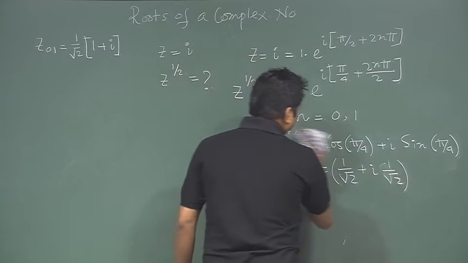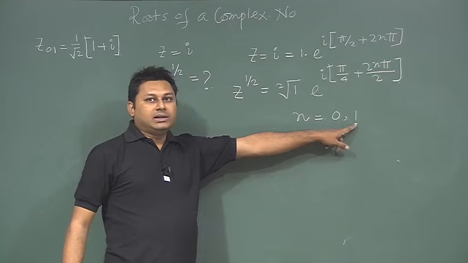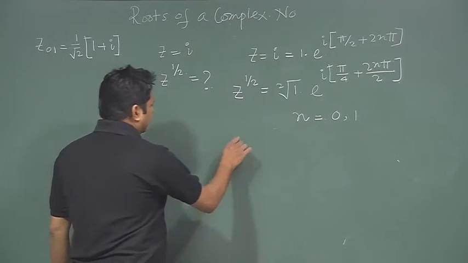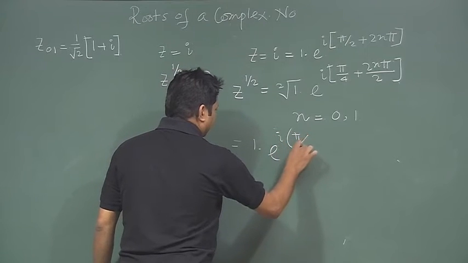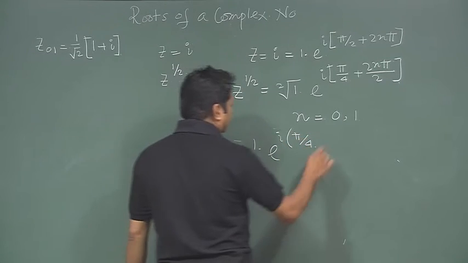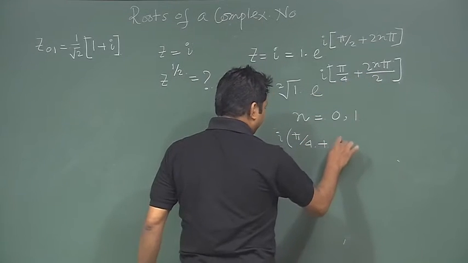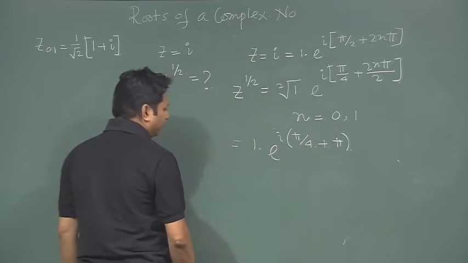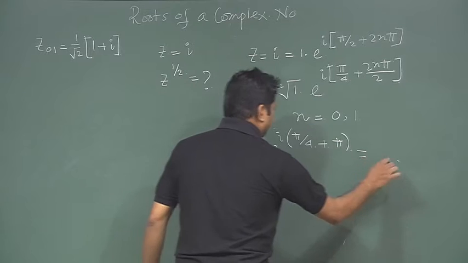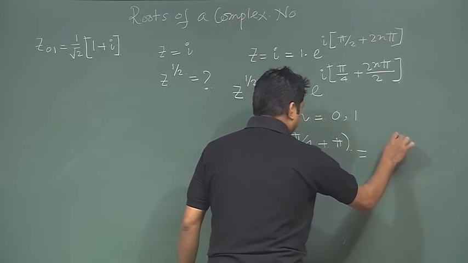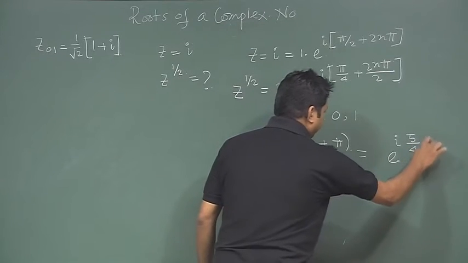What about the second root? For the second root, the n value should be equal to 1. So, if I do that, it should be 1 multiplied by e to the power of i (pi by 4 plus pi), since the 2 cancels out when I put n equal to 1. This is e to the power of i 5 by 4 pi.